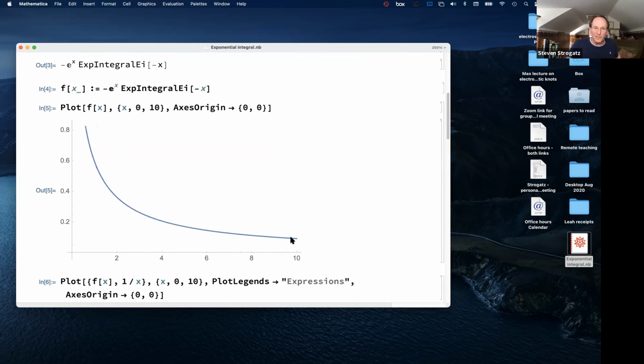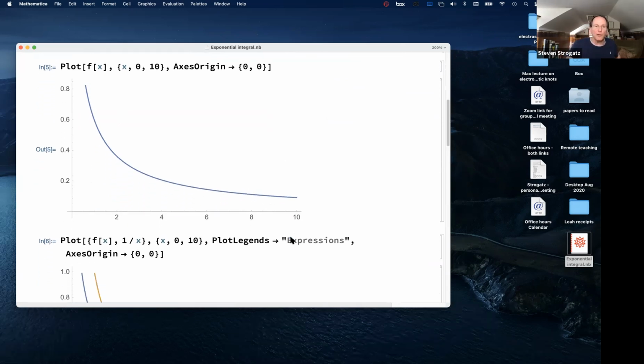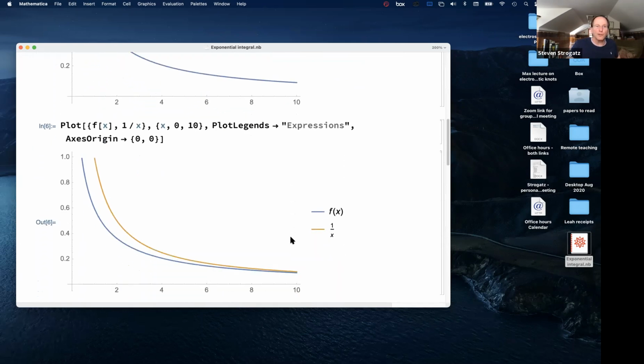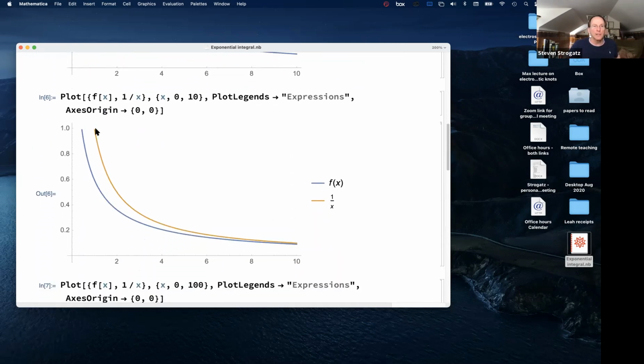Now, our asymptotic expansion said it should be approximately 1 over x. That's the first term in our asymptotic expansion. And you see 1 over x is doing a pretty good job of hugging the actual function f once x gets big enough. Out here at x equals 10 is where we did the calculation, and we were getting that number 0.09, whatever. But you can see it's not great when x is small.